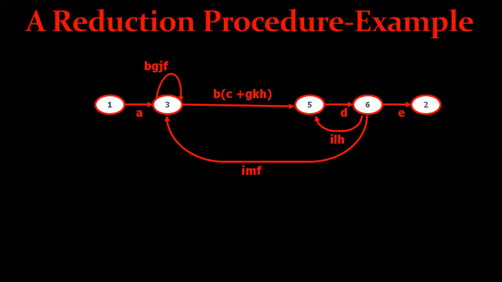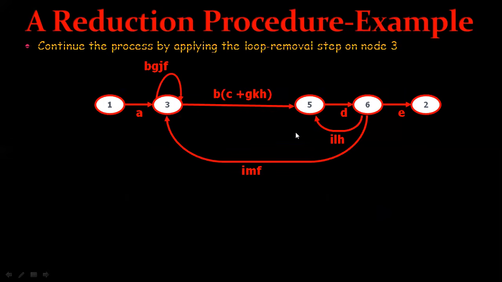Now let us remove which node we will remove. Okay, let us remove this node 5. Let us try to remove this node 5. Yeah, okay, fine. So let us remove this loop first. Continue the process by applying this loop removal. So instead of removing node 5, let us first remove this loop. So if I remove the loop, step 3, what I have to write?